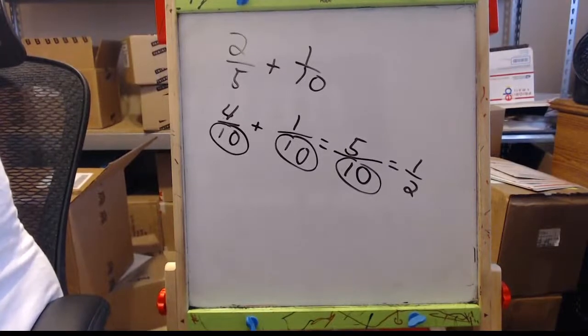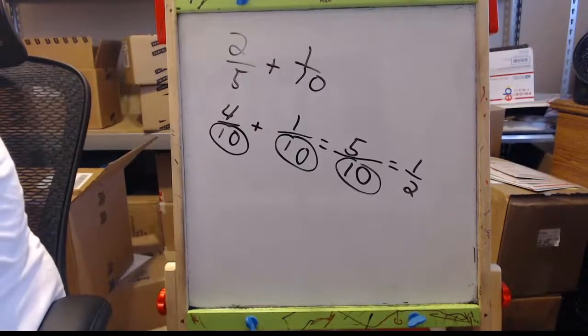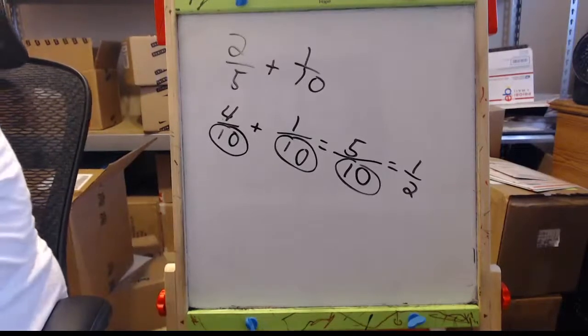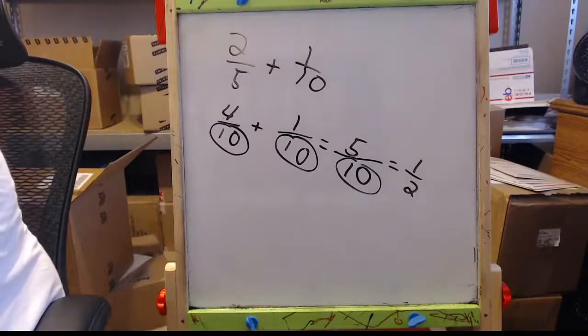Maybe you were adding them together and getting like 3/15ths or something like that, or adding the bottoms and getting 5/20ths, which is a common mistake. But as long as you see it now and see where your mistake was, then we are good.